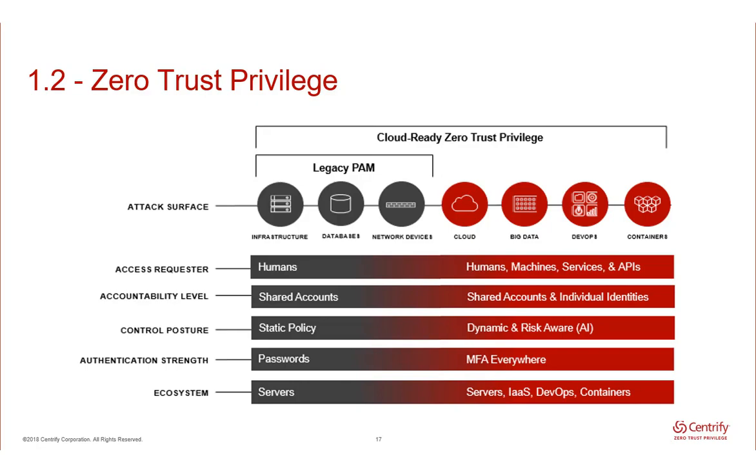Cloud-ready Zero Trust Privilege also integrates with a much broader ecosystem, such as infrastructure as a service providers like AWS and Azure, and DevOps tools like HashiCorp and Ansible. These integrations and container solutions like Docker and CoreOS provide interoperability across the environment with the ability to grant least privilege and protect the environment effectively.